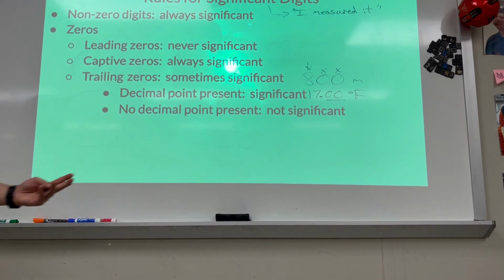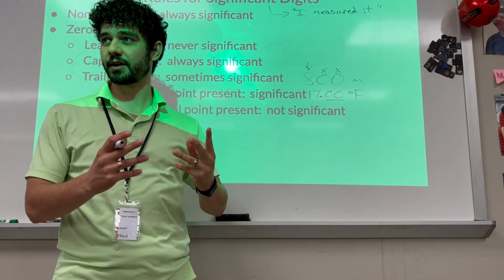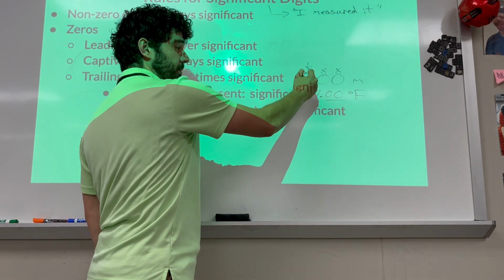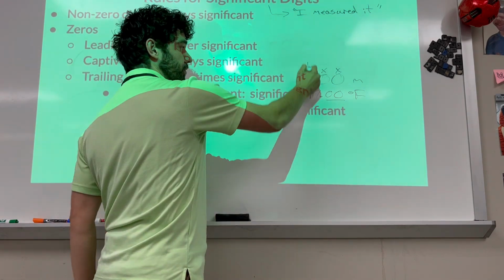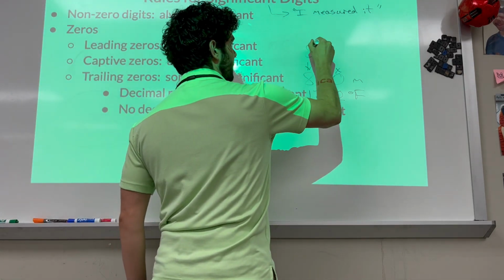Okay, but I need these zeros here to make this 800, right? If I just take away the zeros, then it's 8, and it's not what I'm trying to say. I'm trying to say 800, but I measured to the hundredths place. Whatever instrument I had could only measure to the nearest hundred. So if we did 800.00, then the point zeros are irrelevant with the other two.